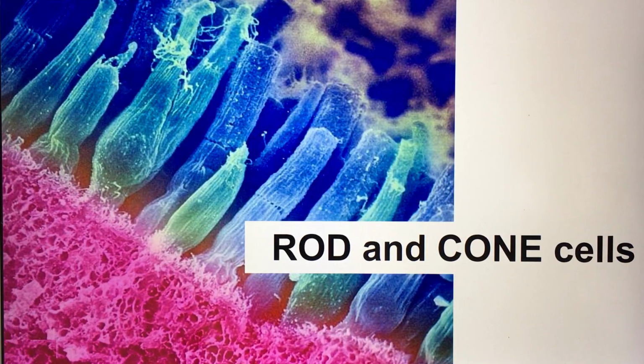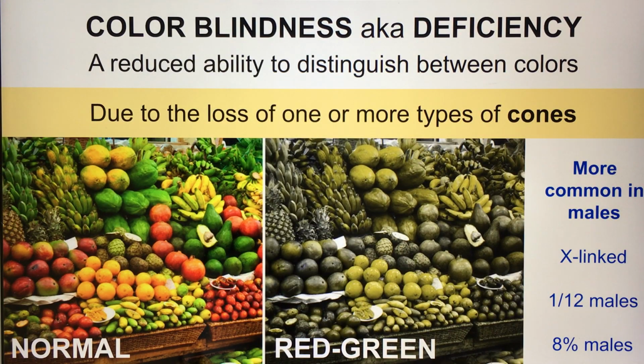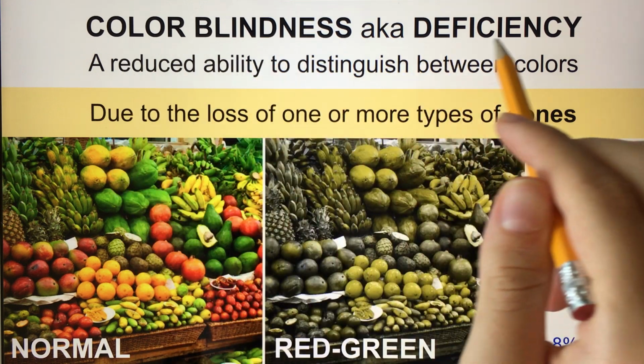Sometimes people are born with one, two, or even three types of cones either missing or not functioning properly, and this gives people the inability to see colors, also known as color blindness or color deficiency.